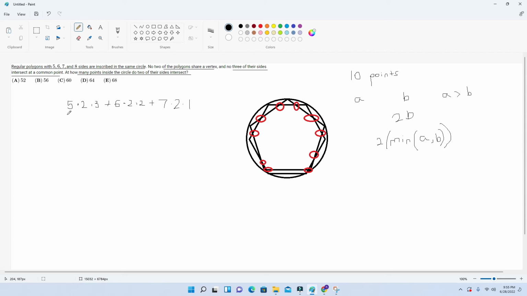So this expression will give us the number of points that the polygons will intersect inside the circle. So computing this expression out, we get 30 plus 24 plus 14, or 68, which is our final answer.